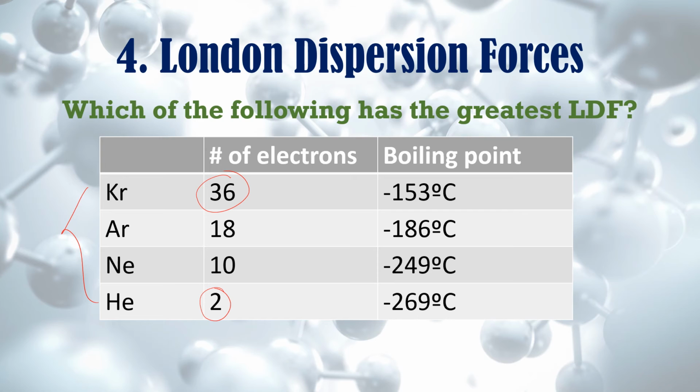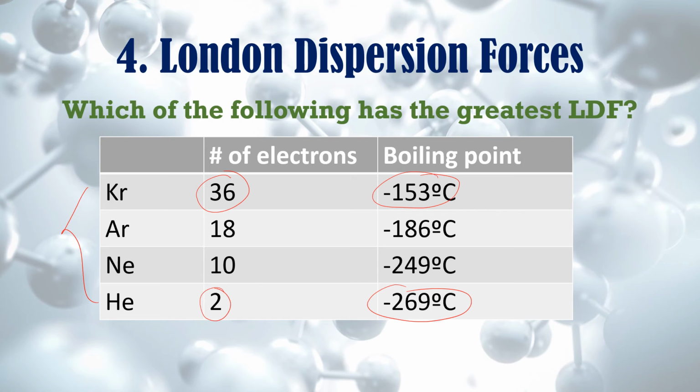As to the boiling point, krypton also has the highest boiling point. Take note, the values are in negative. So the smaller the value, the greater it is. And then for the helium, it has the lowest boiling point. And it also has the least number of electrons.